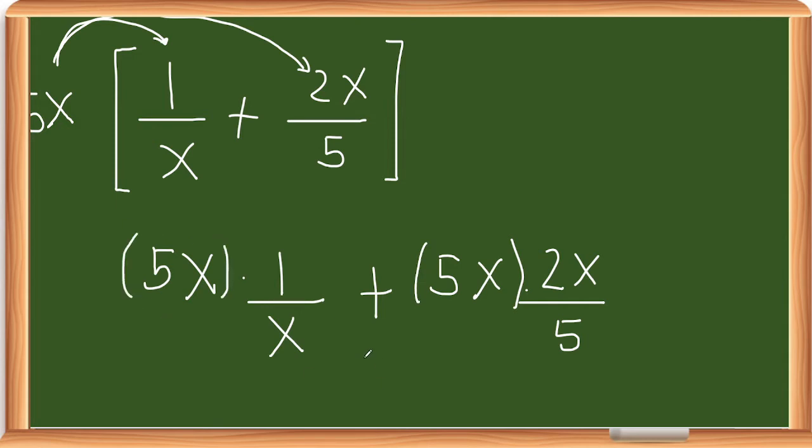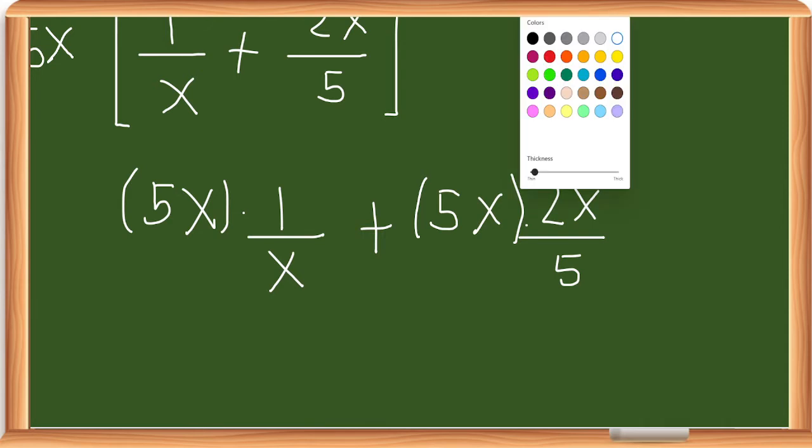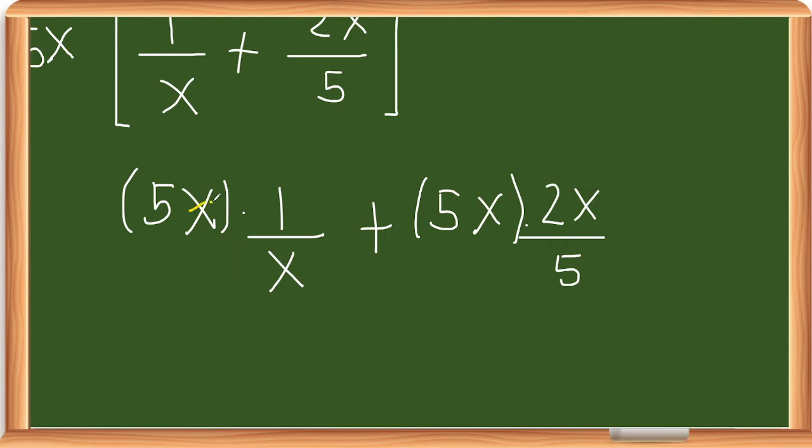By multiplying it with 5x, there is an x here, so we can cancel this out, the x. We can cancel this x because there is an x on top and an x at the bottom, because x over x is equal to 1.